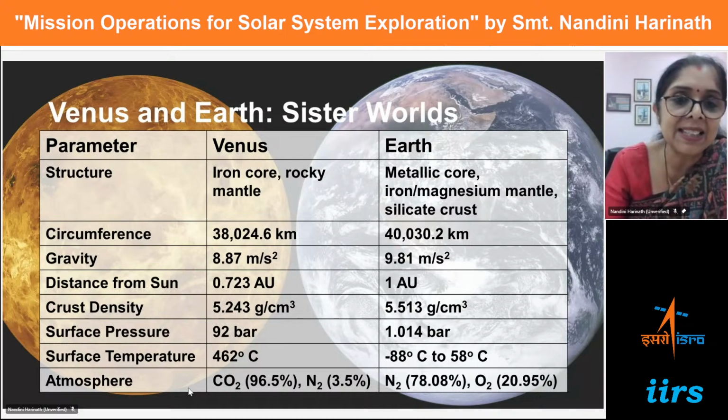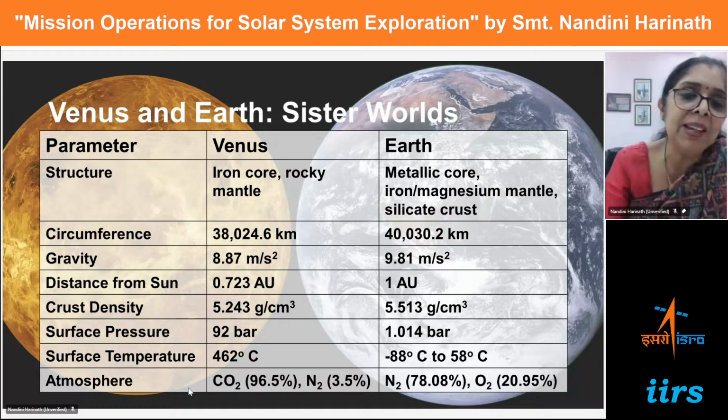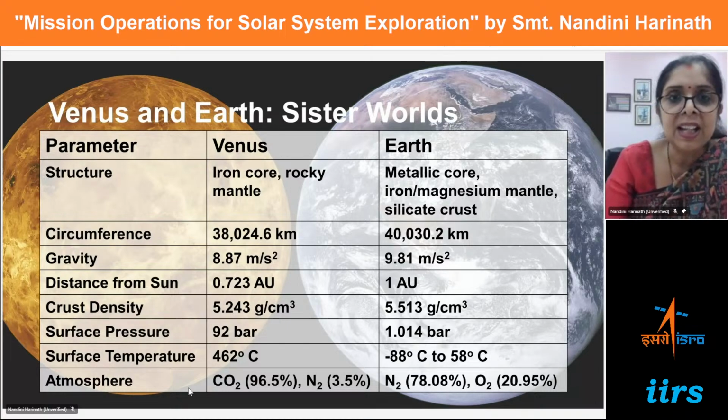The sulfuric acid clouds around Venus make it extremely difficult for any payload to operate. An optical camera would just not work. So mainly we would look at something like a radar or payloads operating in the microwave region in order to get information on the surface of Venus.